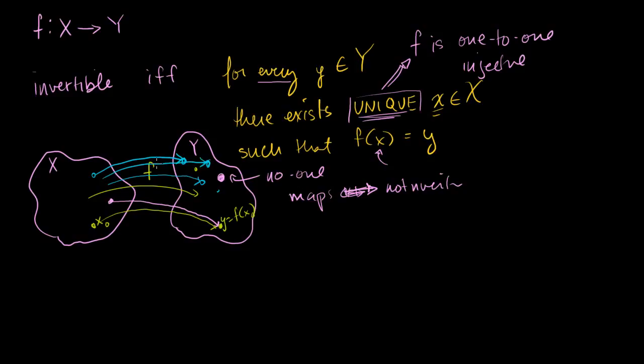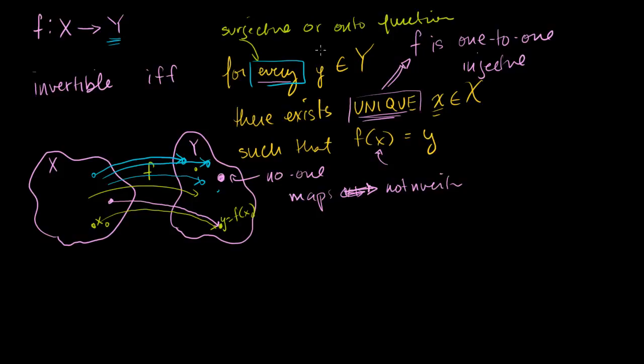Now, in the last video, what did we call it when a function maps to every element of your codomain? What is another way of saying that a function maps to every element of your codomain? Well, in the last video, I explained that that notion is called surjective, or onto function.